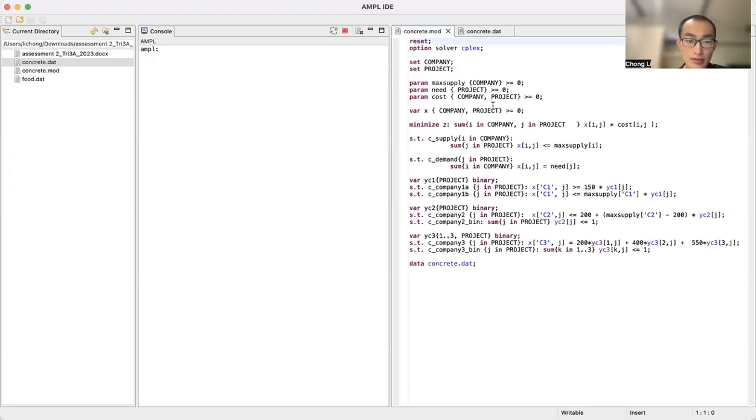We have 3 companies and 4 projects. So in total we have 12 cost parameters.